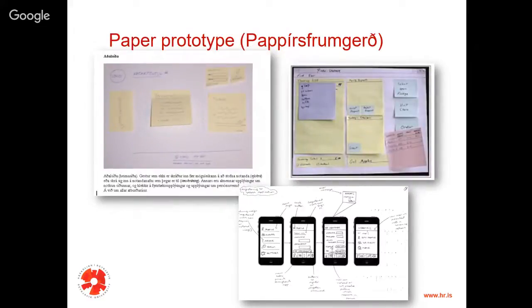Okay, so this photo here to the right is from the book. The one to the left is from a course where I asked them to do a paper prototype with Post-its. You can see they have the login up there, the links to the left, a middle area, and then maybe some announcements.